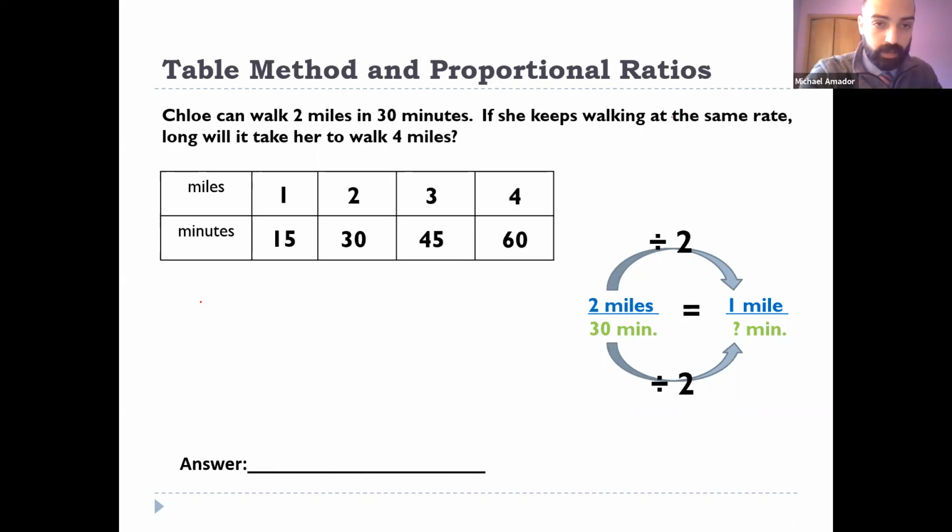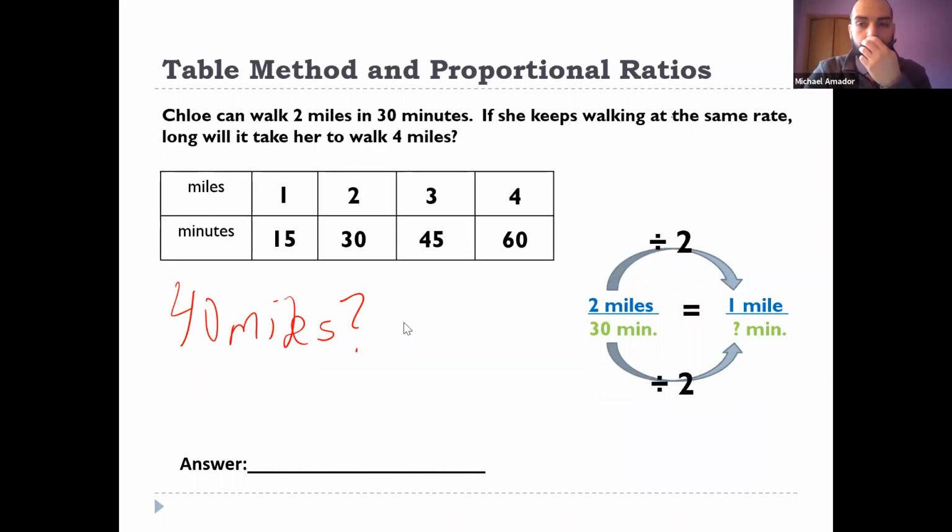Or 40 miles rather, 40 miles. What can we do to change this ratio table to find, right? I got 2 hands up, let's get some more hands. What can we do to find how long it takes her to go 40 miles?